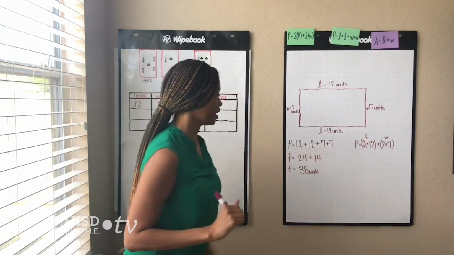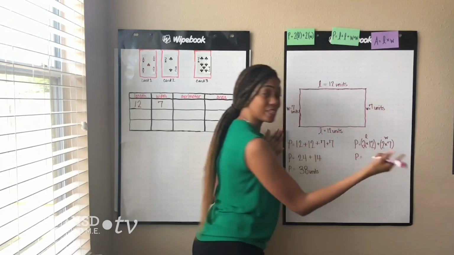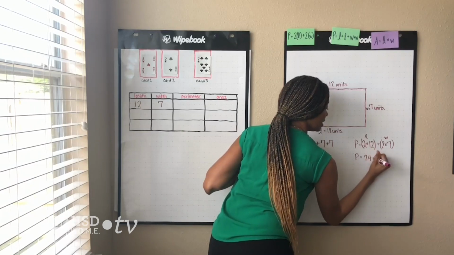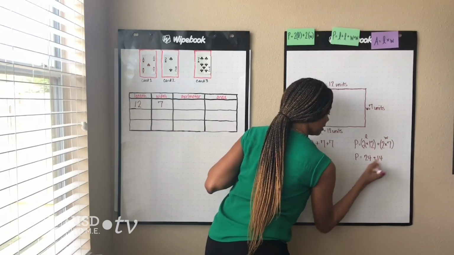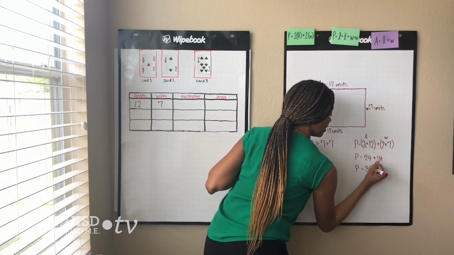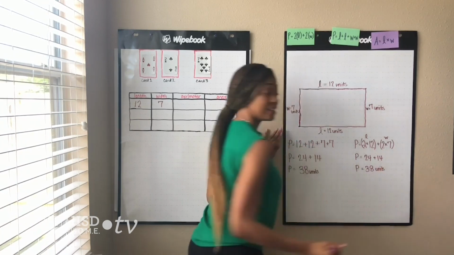And so the same thing over here. Perimeter equals 2 times 12 gives us 24, plus 2 times 7, which gives us 14. So my perimeter is equal to 38 units.